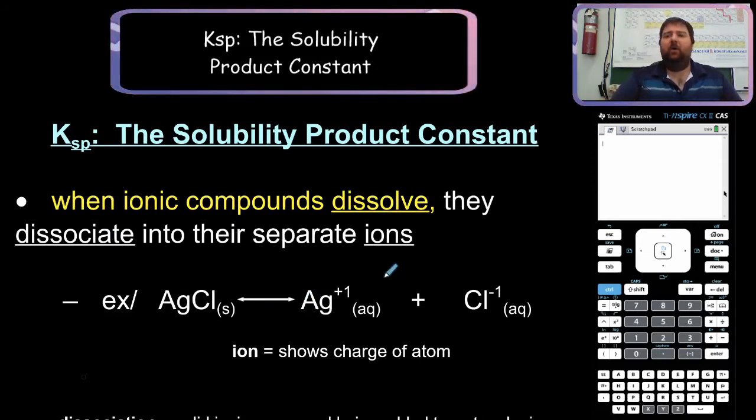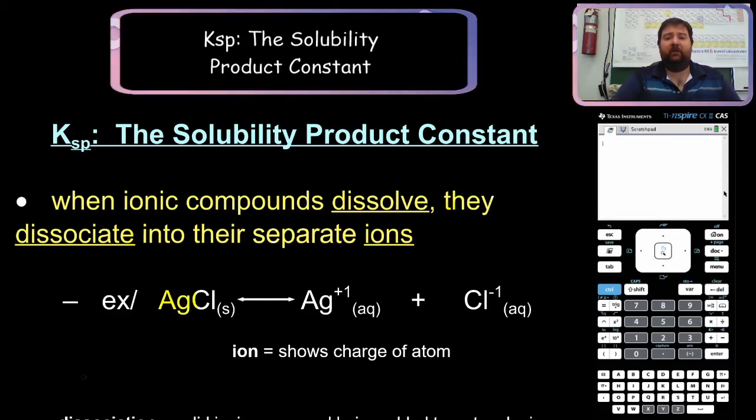And we already know from previous courses like Physical Science 20 that when ionic compounds dissociate, they do so into their separate ions. And that's going to become pretty important here. We're going to review dissociation equations quickly.